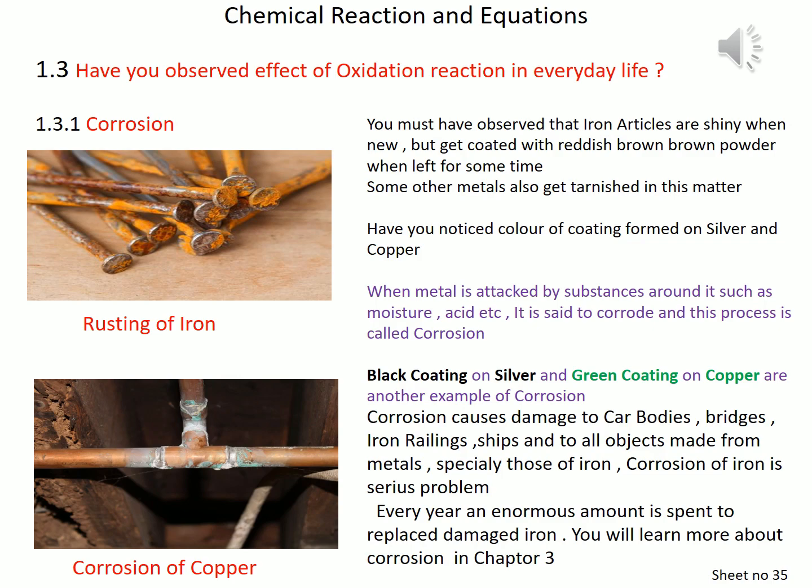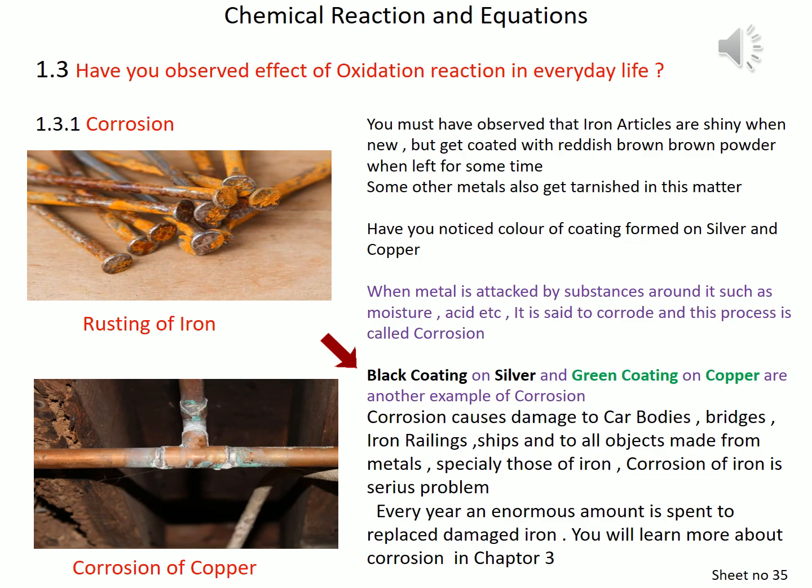Now in the figure below I have shown you the corrosion of copper, how copper gets corroded when it comes in contact with moisture. Black coating on silver and green coating on copper are another example of corrosion.